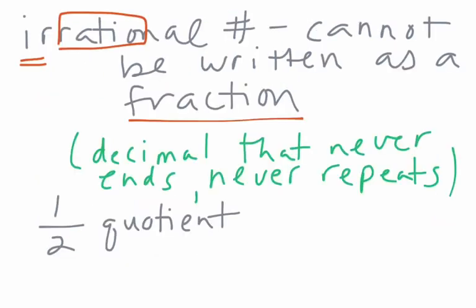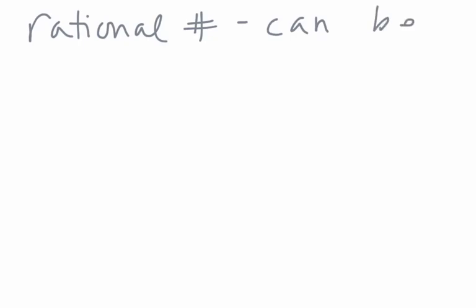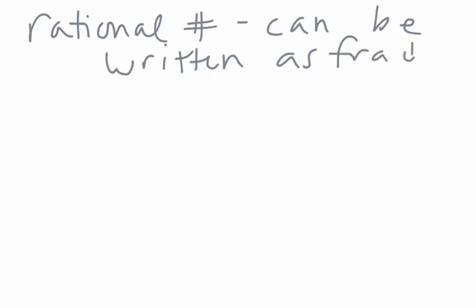Rational numbers will give us a definition over here. Rational numbers are numbers that can be written as fractions, or you could think of them as decimals that repeat or terminate. It doesn't mean that they are written as fractions.